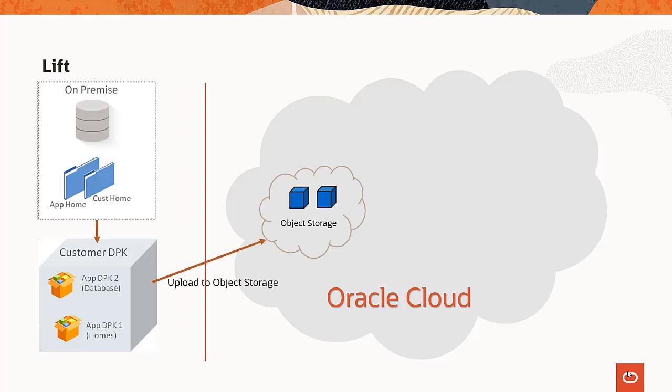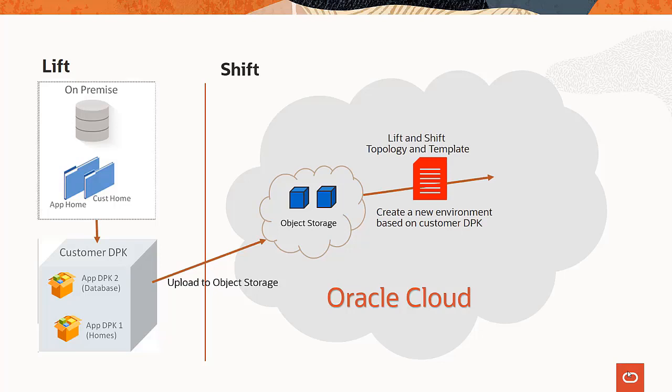These customer DPK packages are then uploaded to Oracle Object Storage. The shift process uses the lift and shift topology and template to create a new environment using the customer DPKs.